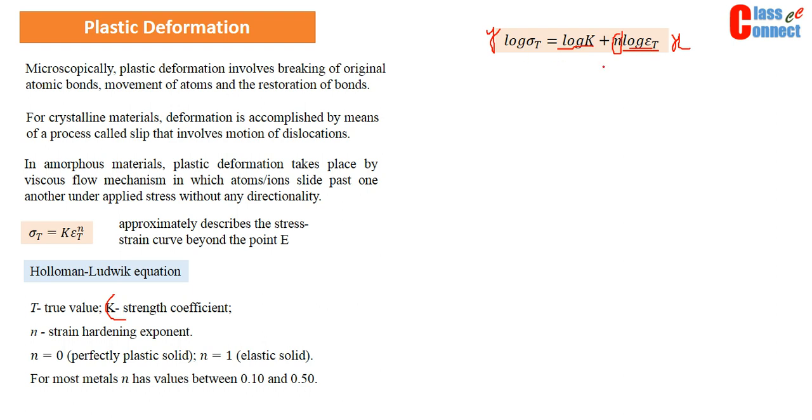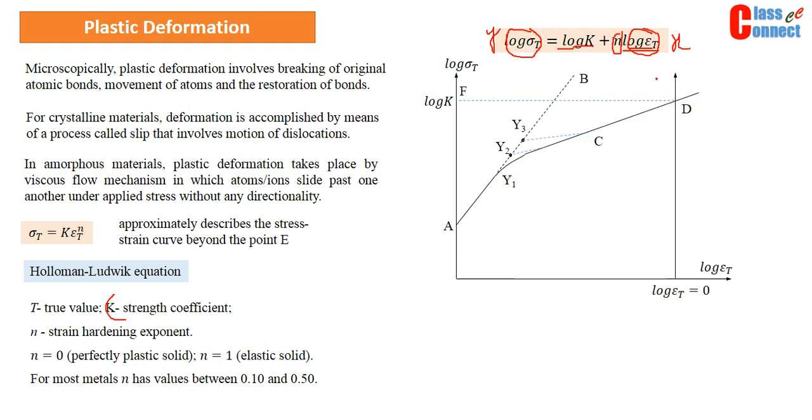So it is equivalent to y is equal to m x plus c, some constant value, that is the intercept. So it means that it is represented by a line if I consider log sigma_t on the ordinate and log epsilon_t on the abscissa.